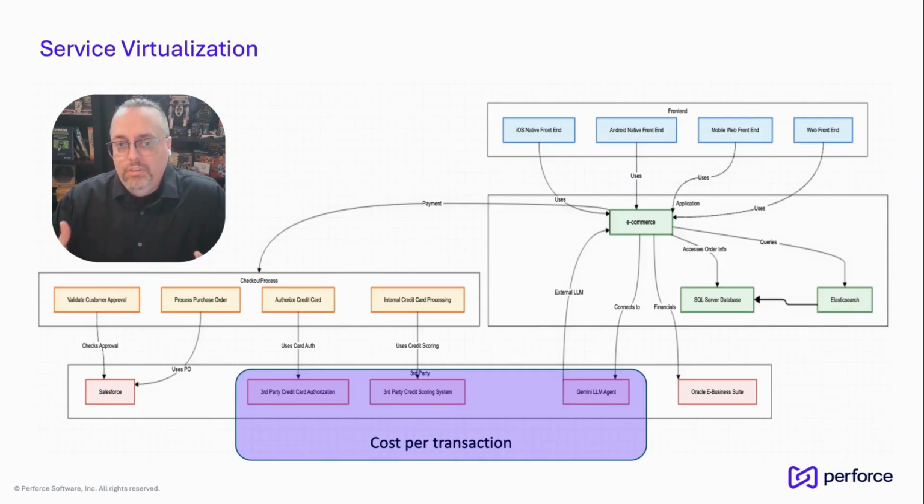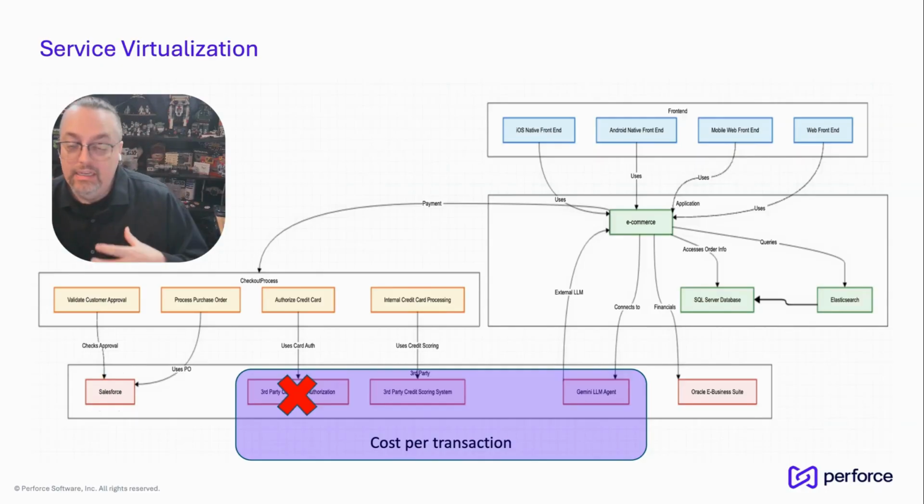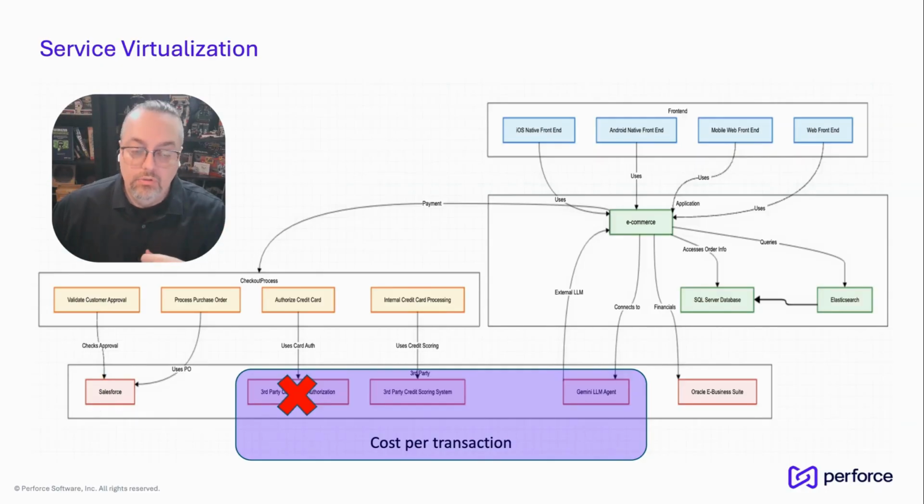So what would you do, especially if you want to do performance testing and load testing on these environments where you have these cost of transactions? Now remember, sometimes these things aren't available. Like Salesforce, maybe you don't have a Salesforce non-production environment. Or the third-party credit card system doesn't allow you to do testing in their environment.